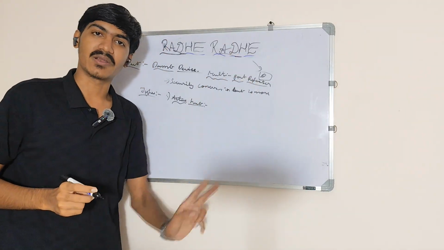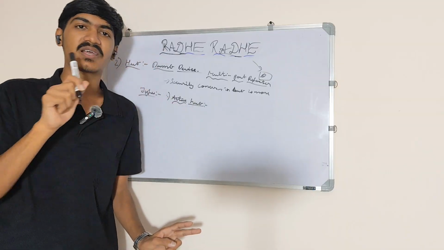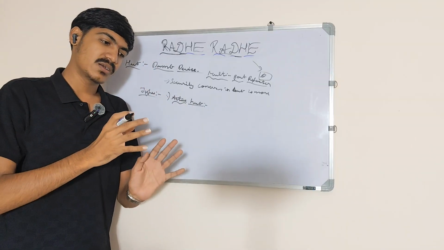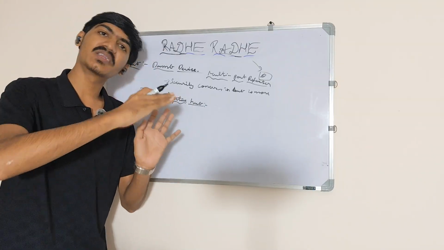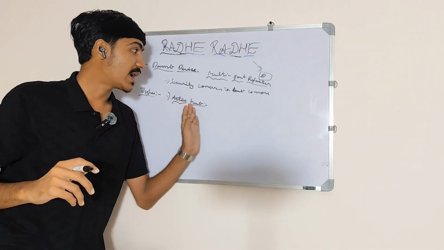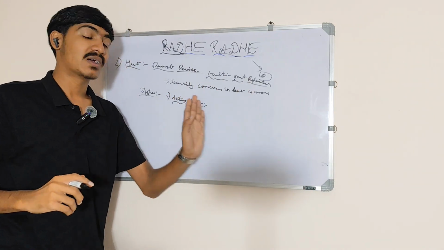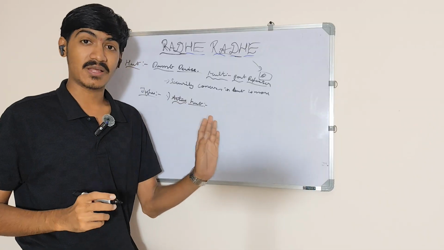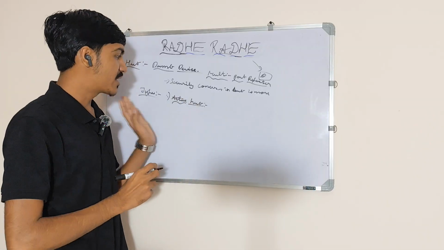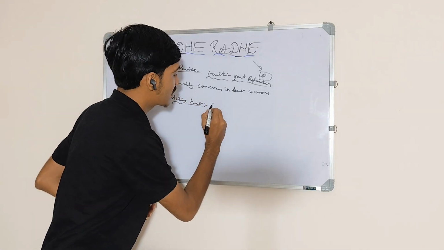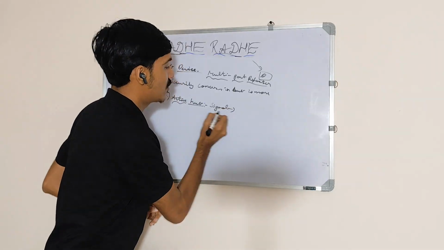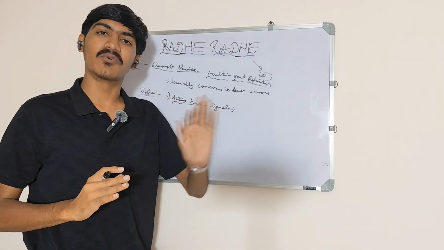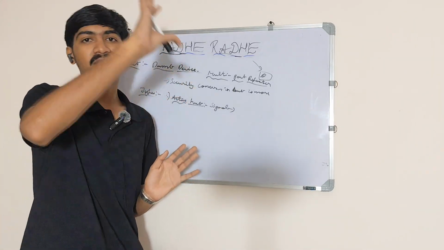I explained about repeater. What does a repeater do? It takes the incoming weakened signal, amplifies it, regenerates it, boosts it, and sends it out. Hub is called a multi-port repeater. I'm speaking particularly about active hub. Active hub takes the incoming signal, amplifies it, boosts it, regenerates it, and sends it out.